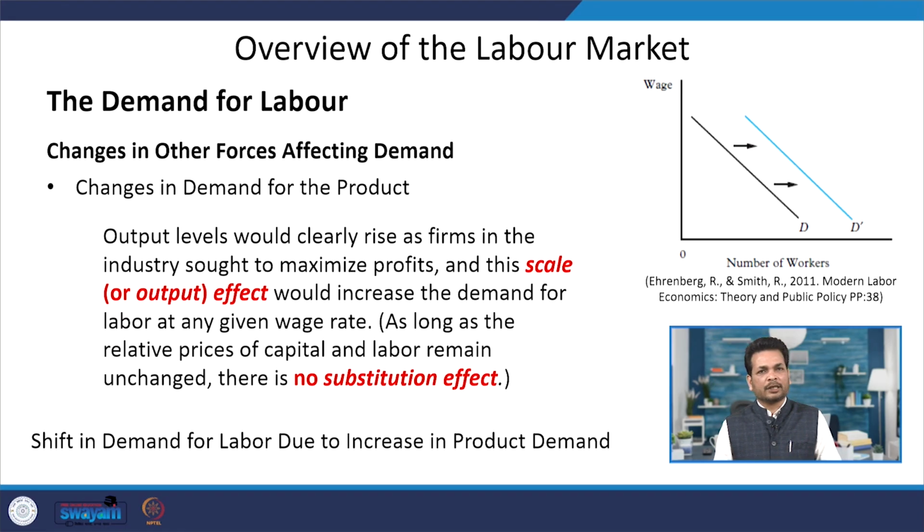As long as the relative prices of capital and labor remain unchanged, there will be no substitution effect. So, this will lead to a kind of shift in the demand function.